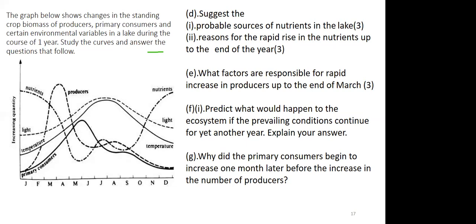So the level of nutrients is high because the number of producers and consumers is low. Therefore, they cannot consume the nutrients, they are feeding slowly, and this leads to the rise of the level of nutrients in the lake. Okay, thank you for your contribution.